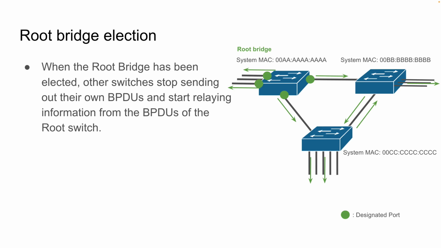Okay, when the root bridge is selected, and here the root bridge is the upper left because it has the numerically lowest value, other switches stop sending out their BPDUs and start relaying information from the BPDU of the root switch. By relaying, I mean not forwarding, of course, because these are not user frames. Actually, for example, when the upper right switch receives a BPDU frame from the root bridge, it terminates this frame.